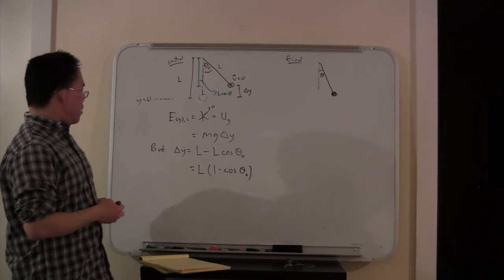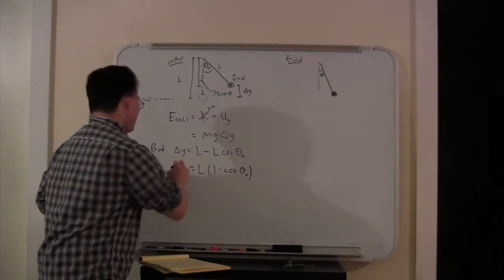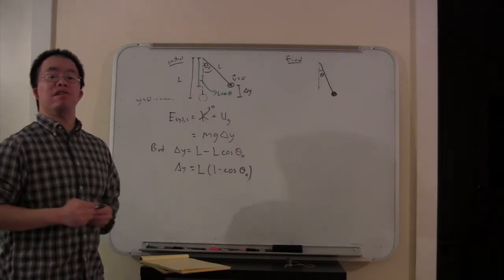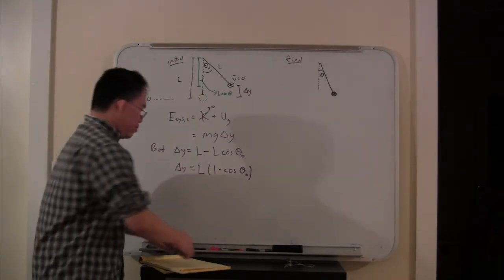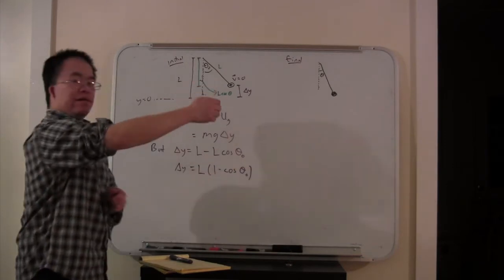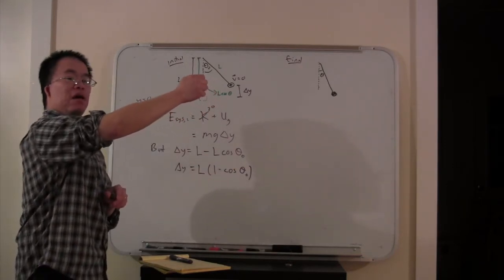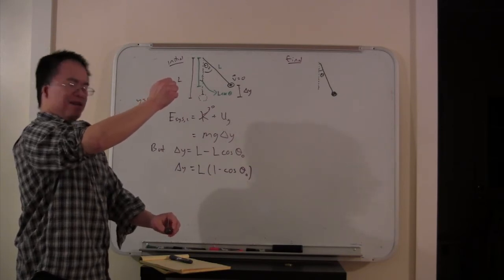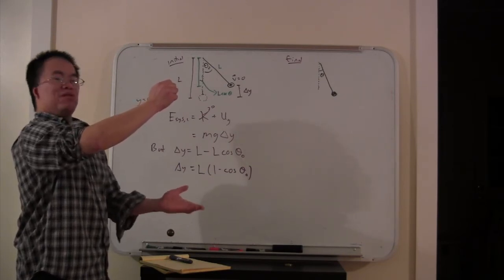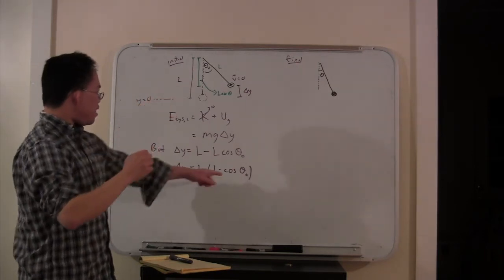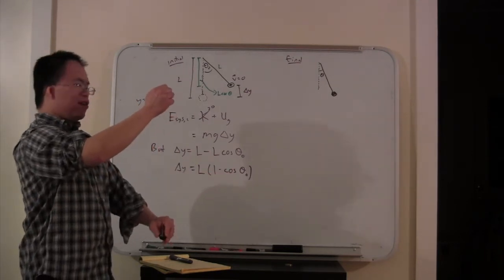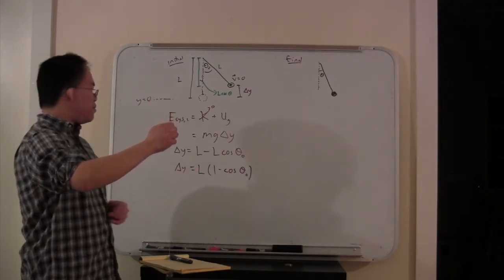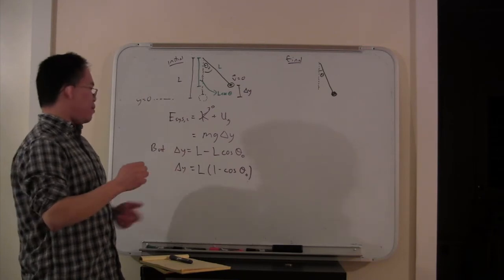Okay, let's just double check that. We can check by thinking about limiting cases, which is something I always recommend. We worked this out for an arbitrary release angle, an arbitrary theta naught. What happens if I release it from theta naught equals 0, so if I don't do anything to it? Then I've never actually picked up the pendulum, I've never given the system any delta y.